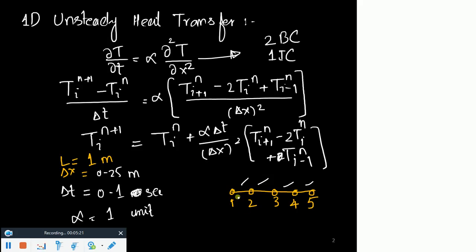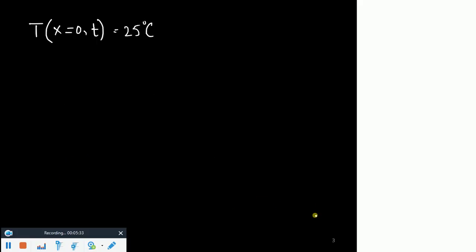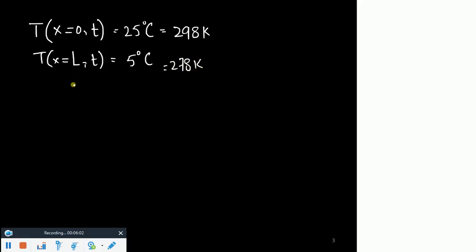It means at all times at x equals 0, and as you move along you come to x equals L at node 5, and at all times you have 5 degrees centigrade, for example. Let's change its unit. What would it be? 298 Kelvin, and this would be 278 Kelvin, right?